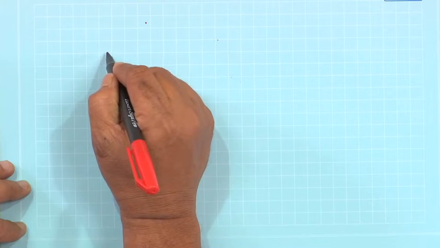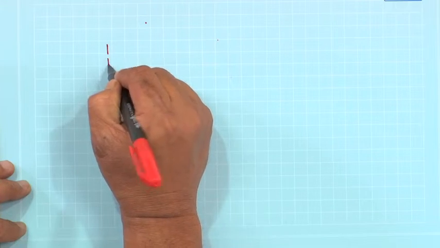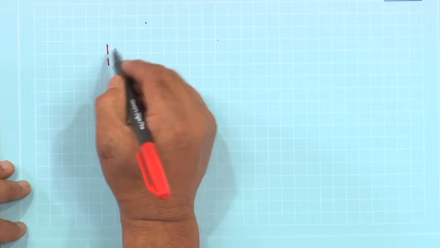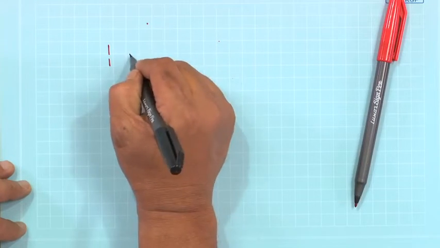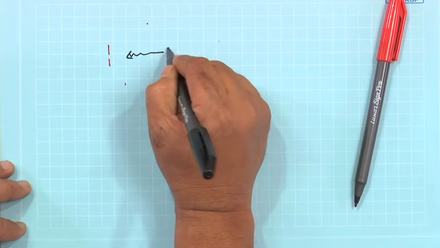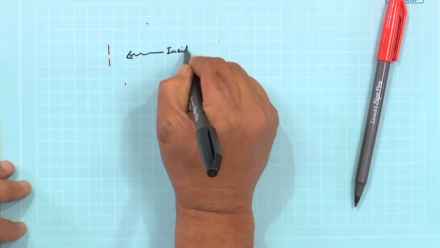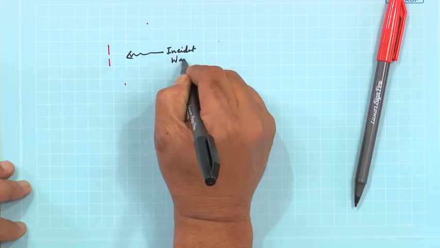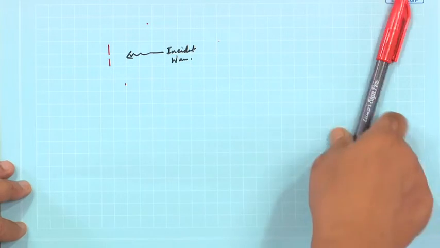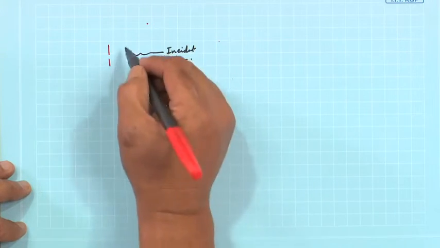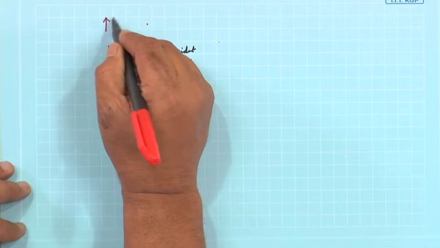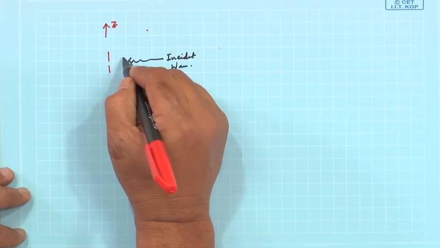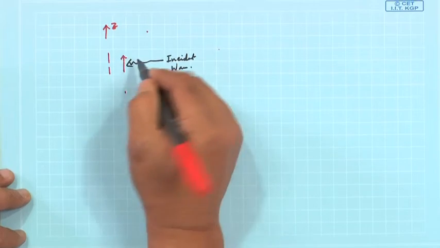Suppose I have a current element and there is an incident wave coming, and we assume that this current element is z directed and the incident wave is also z directed.